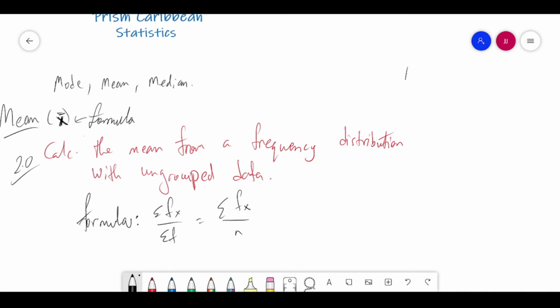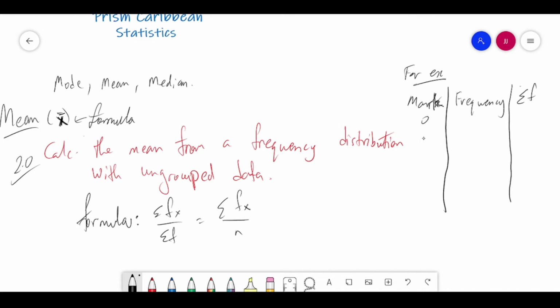Let's say, for example, we have Mark, not the name of a person, but an actual mark, or score in an exam, or whatever you want to call it. Then we have frequency. Then we have Σf x, which is basically the mark by the frequency.